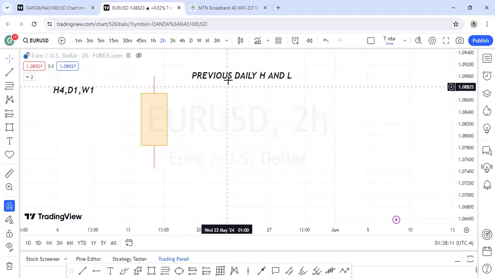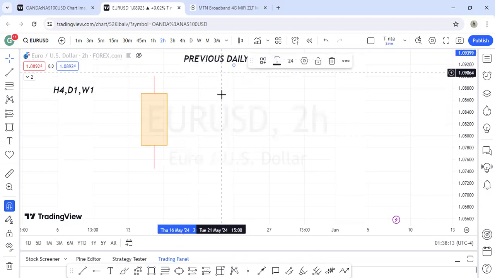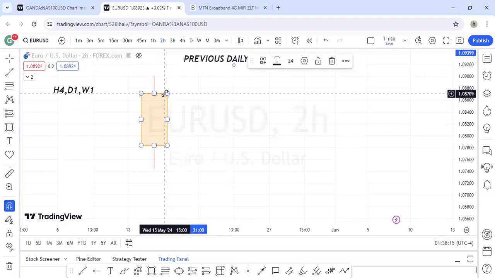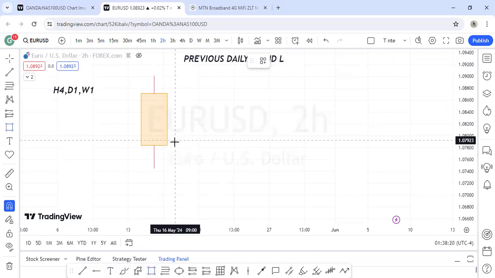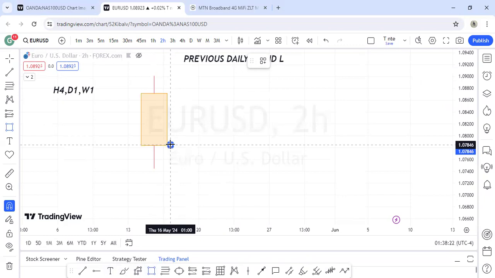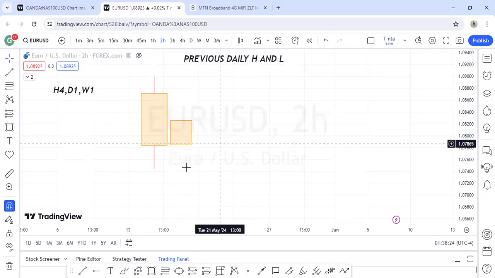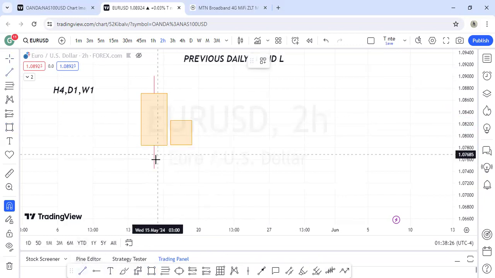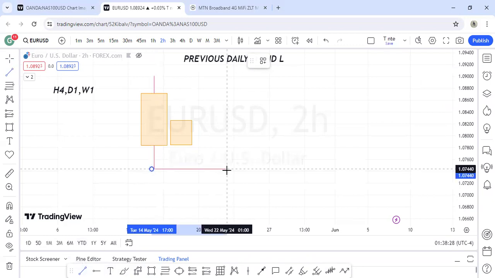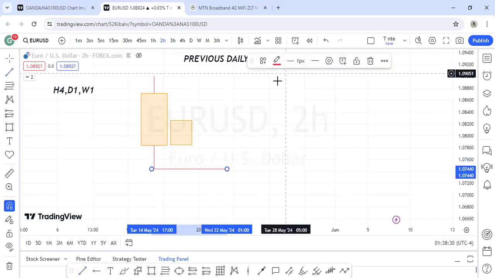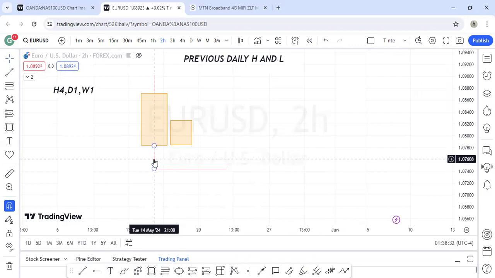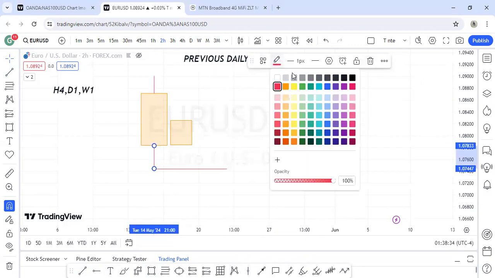All right, so what is the importance of this? Whenever you see the market create a daily candle and then we enter the next day, most times what happens is that you see the market do something like this. Let's make this black so that you guys can see clearly.